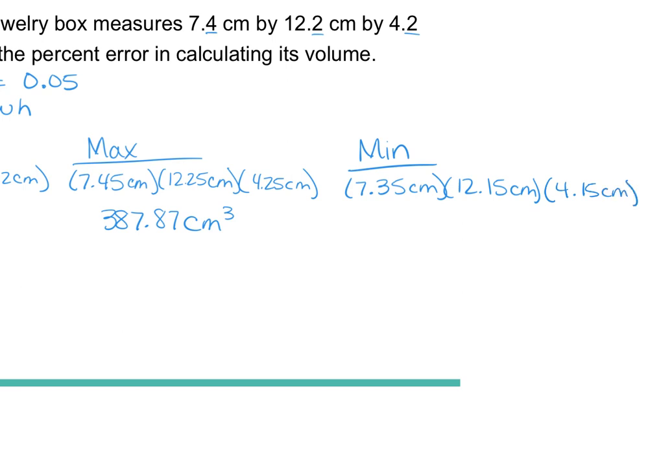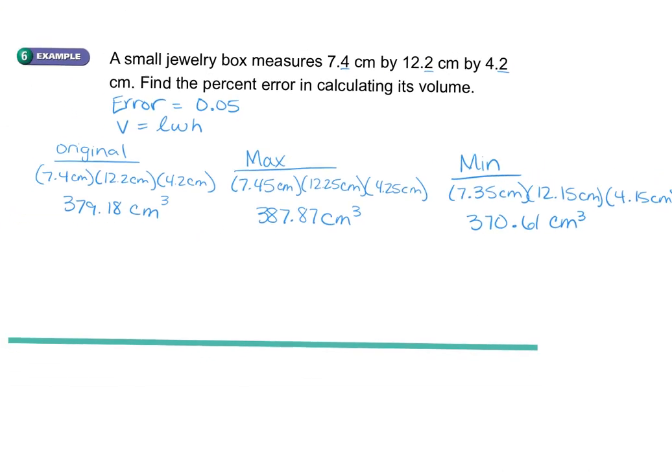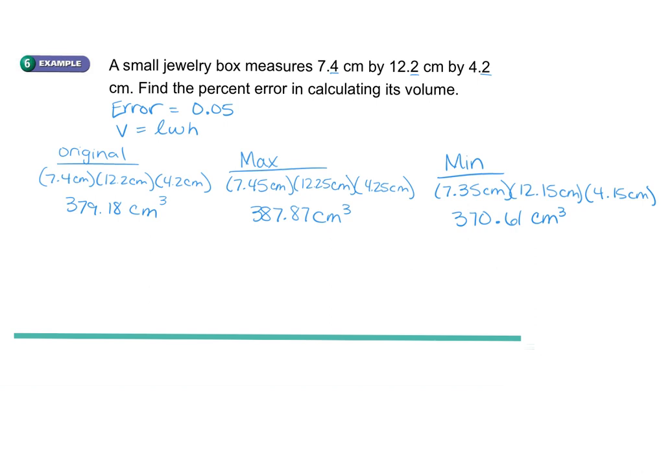Multiply them all together, we would get 370.61 centimeters cubed. We need to calculate our greatest possible error, so we are going to subtract the maximum and the minimum.